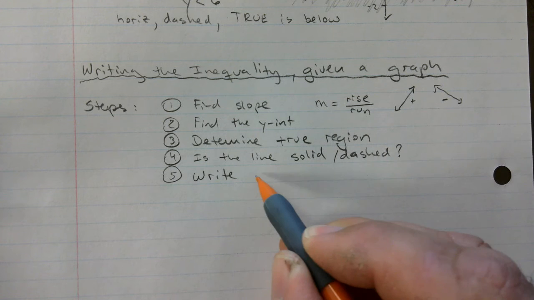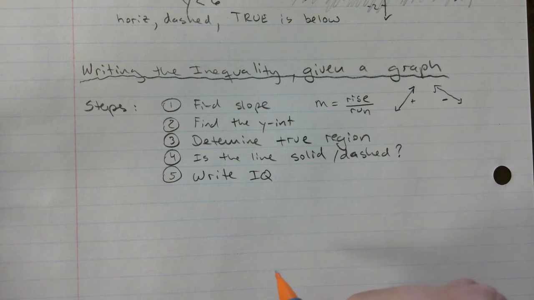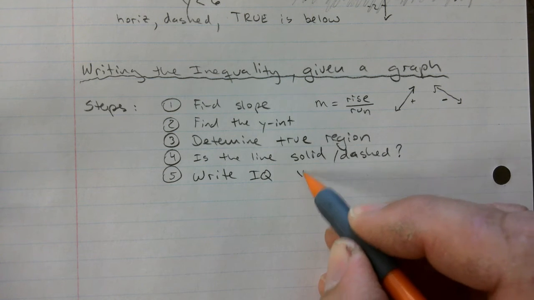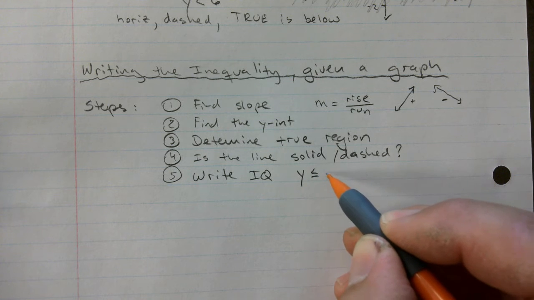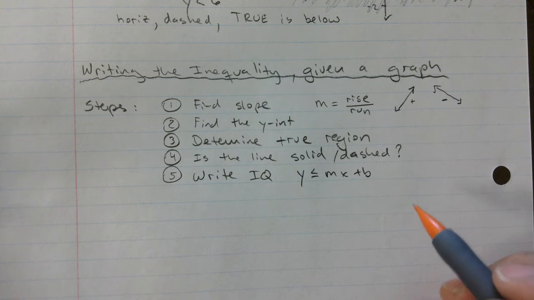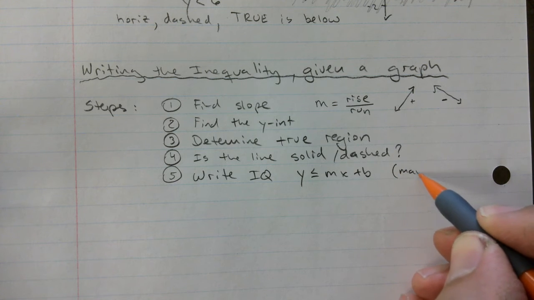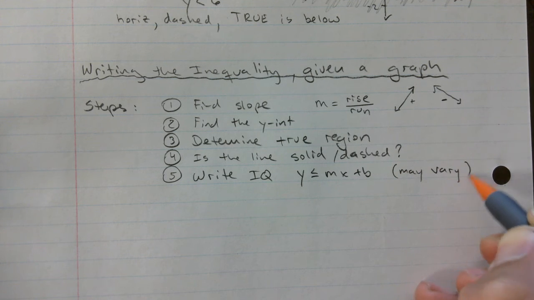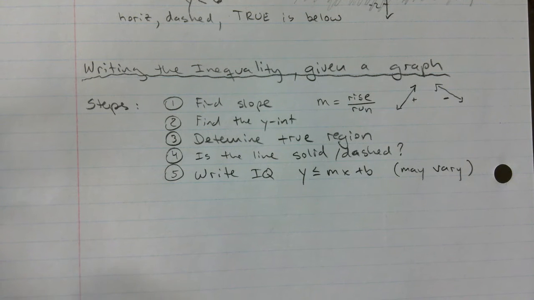And then write the inequality. I'll just say may vary, right? And that's just because it could be less than or equal to, it could be greater than or equal to.